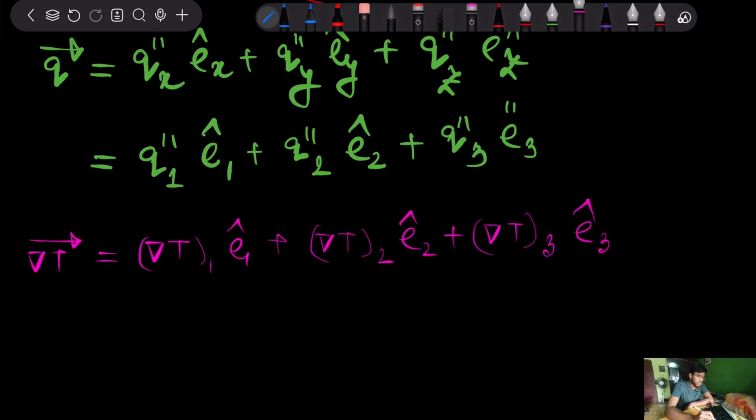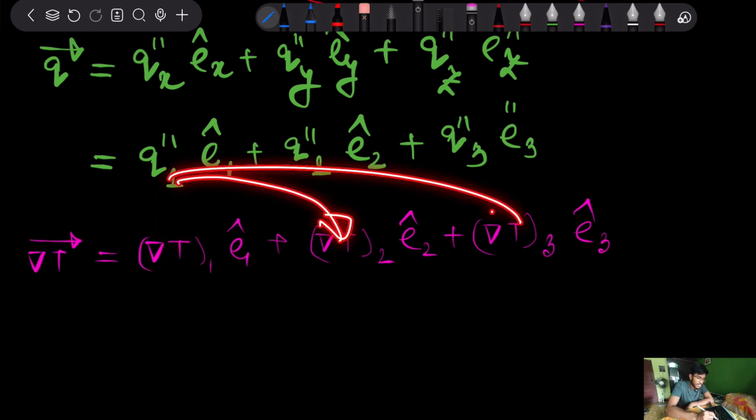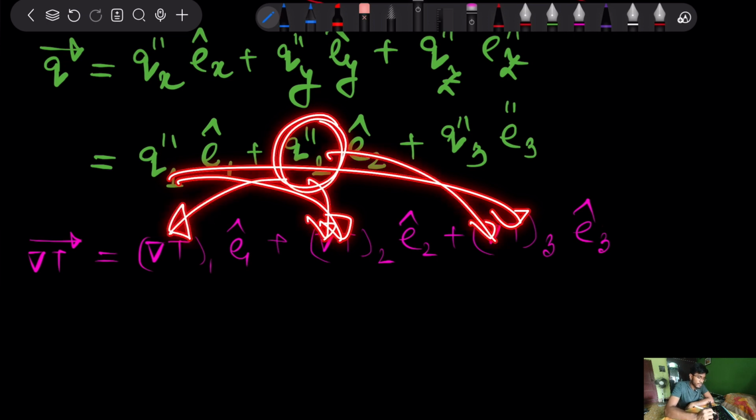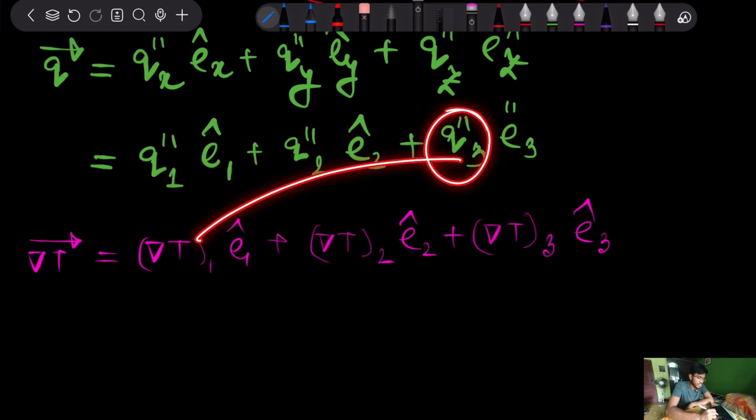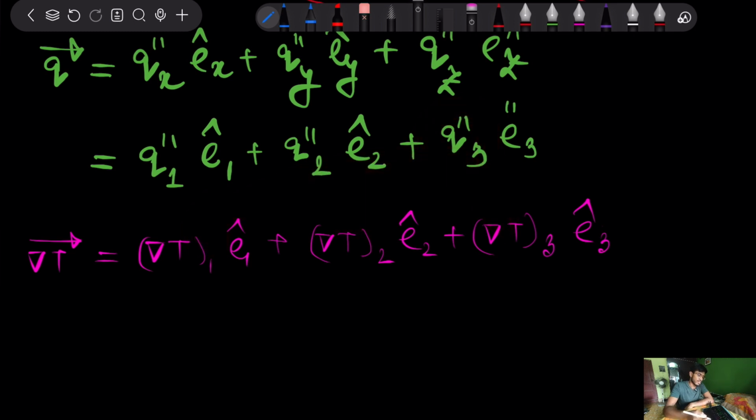What I am saying is that this component of the heat flux vector can be a function of this one and this one. Similarly, this component can be a function of del T2 or del T3, right?